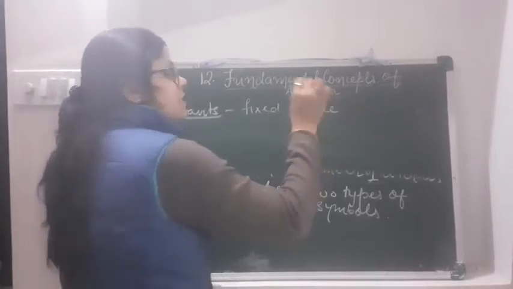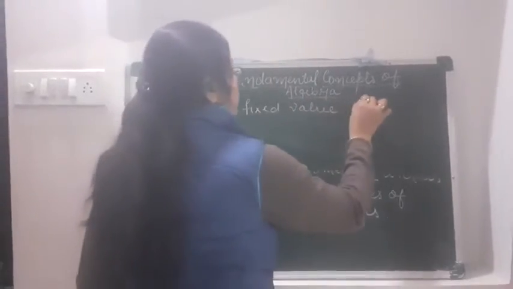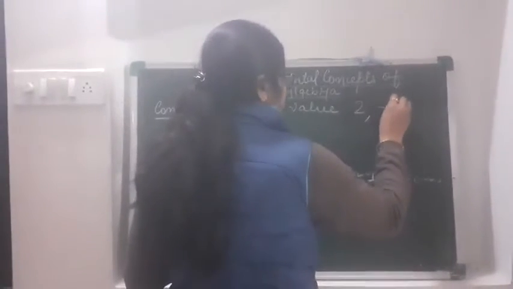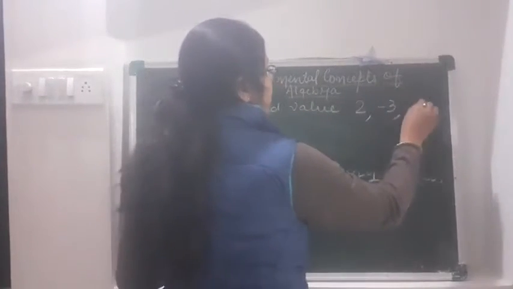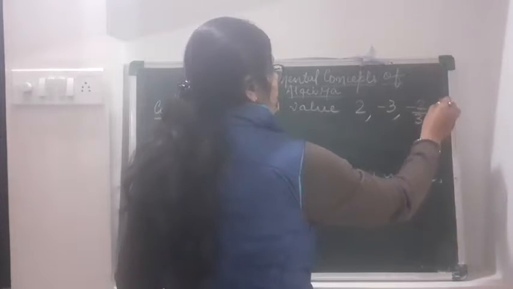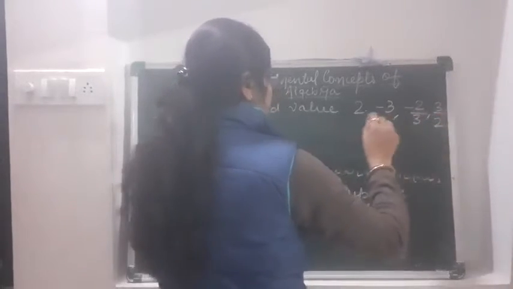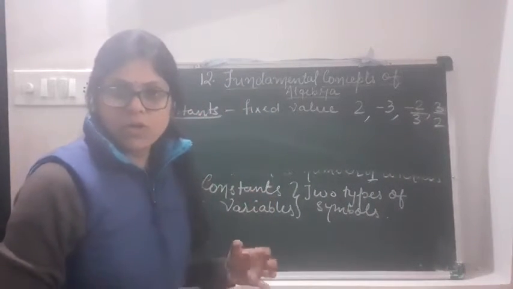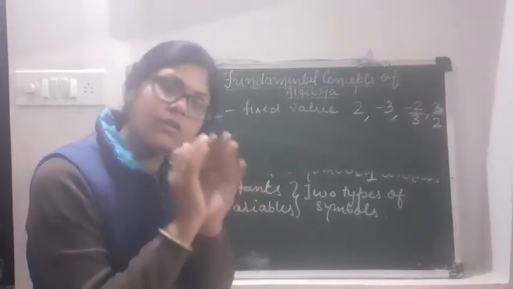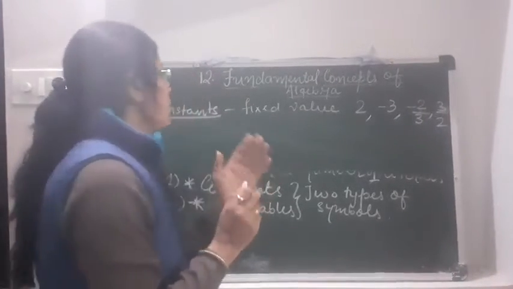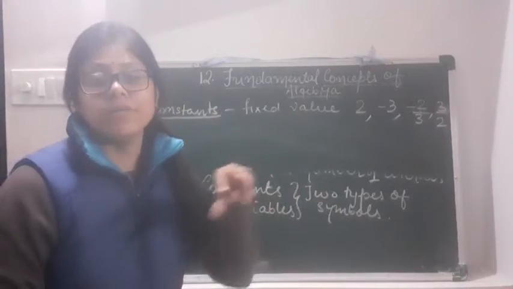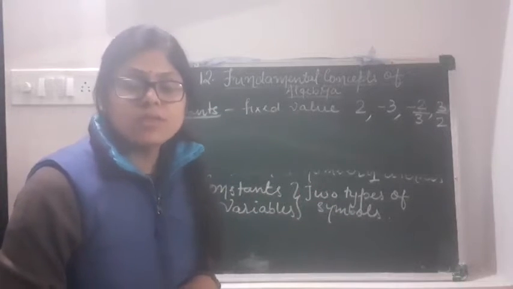If we write any number like 2, or -3, or -2/3, or 3 upon 2, these are all fixed values. Whatever is written will be the same as it is. So that is called a constant. When numbers are written, they are called constants.